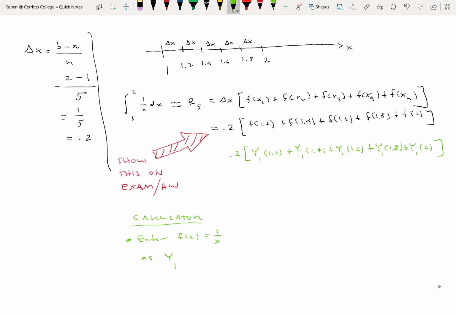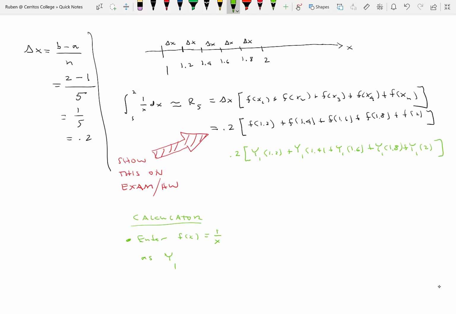So what you enter in your calculator to compute these y values is one of two things, depending on how old your TI-84 calculator is. The earlier versions of the TI-84 don't have a shortcut menu for the y's. So I'll show you right now.